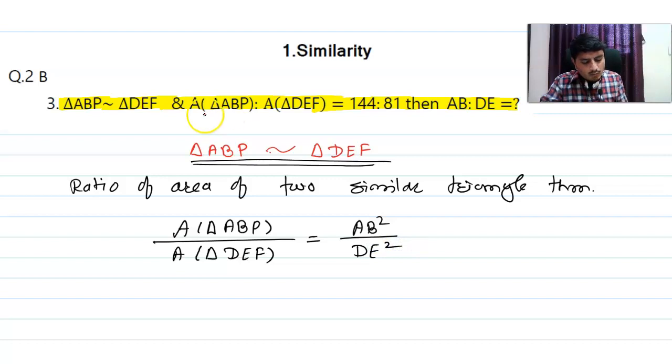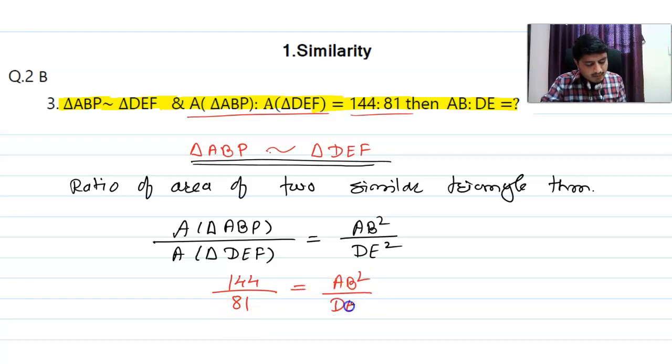Once we have the area of triangle ABP to DEF equal to 144 is to 81, we get the ratio of the area of triangle ABP to the area of triangle DEF, 144 divided by 81, equal to AB square divided by DE square.